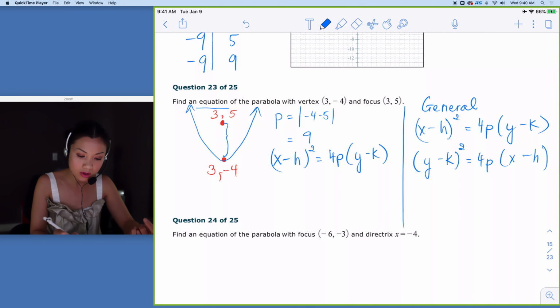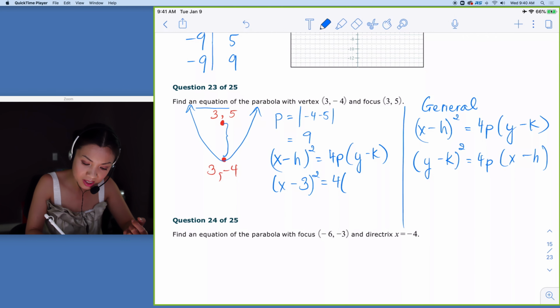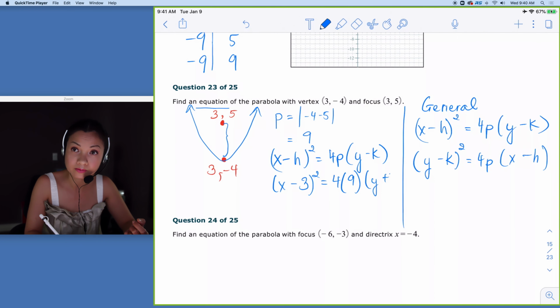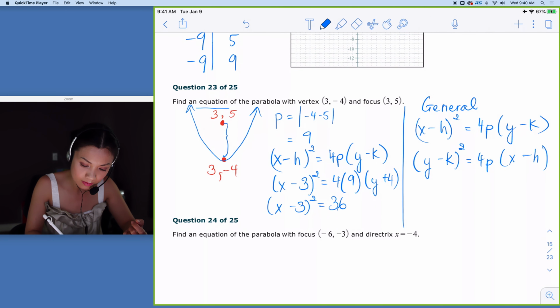Now I know h and k, the vertex is given, so it's going to be x minus 3 squared equals 4, and we just found p, so p is 9, and then we have y plus 4. Okay, so the final solution is going to be x minus 3 squared equals 36 times y plus 4.